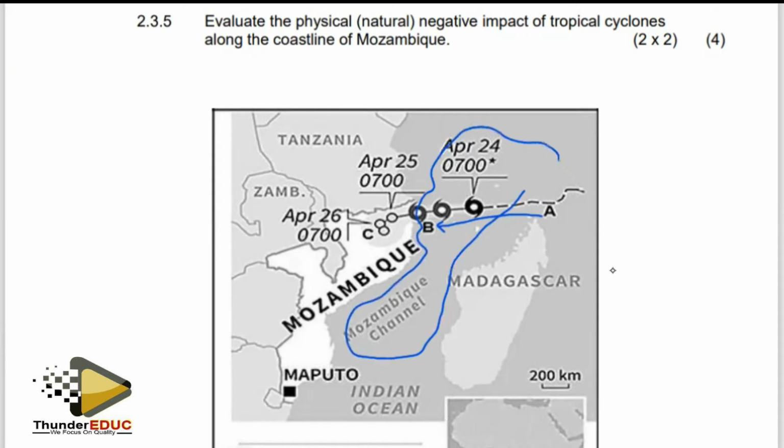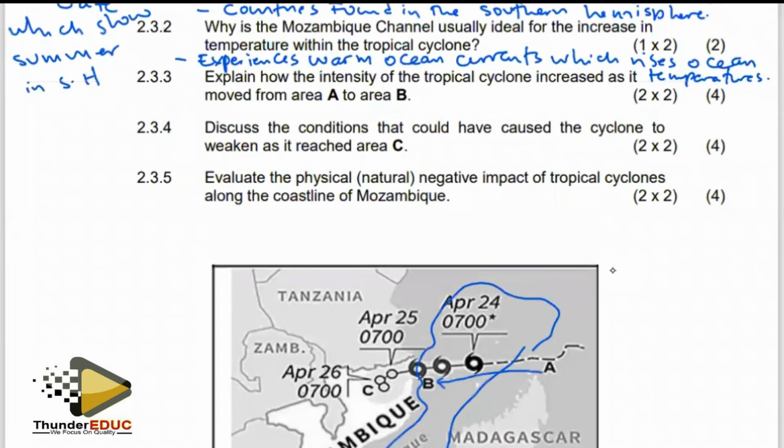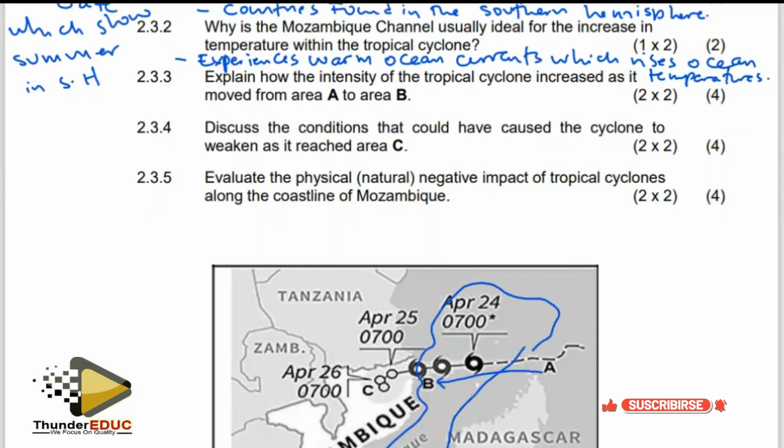So we have to explain how the intensity of the cyclone increased. That is question 2.3.3.